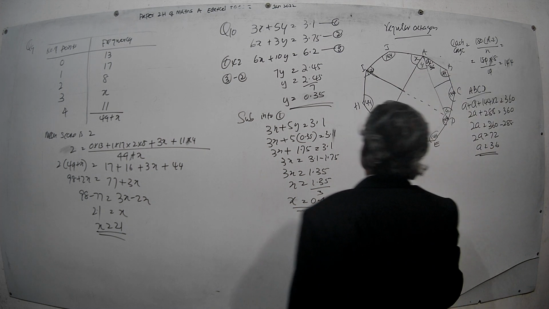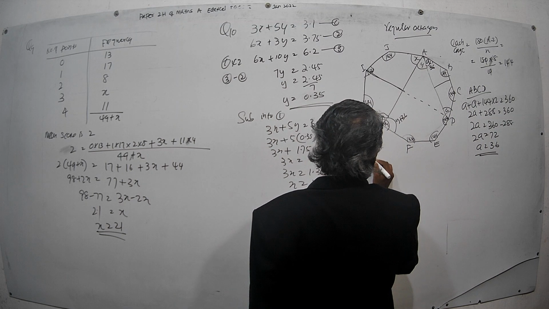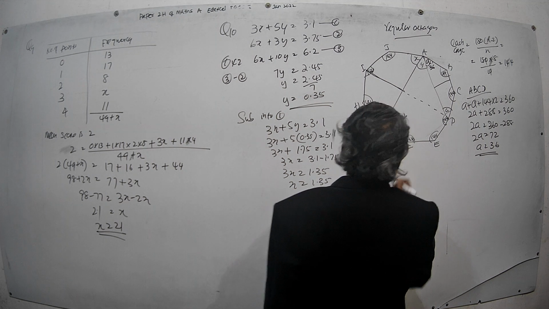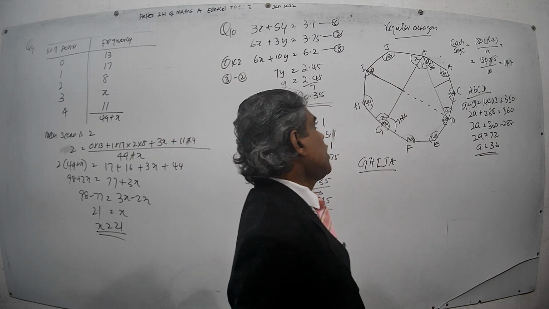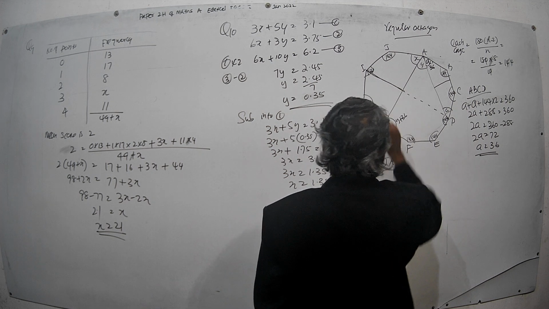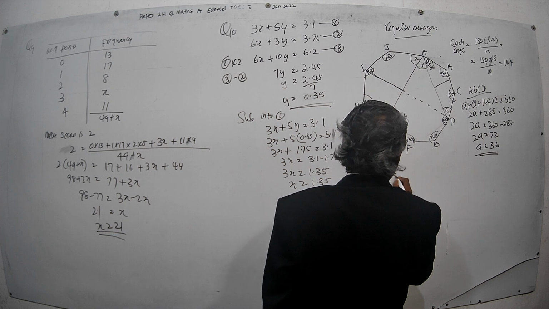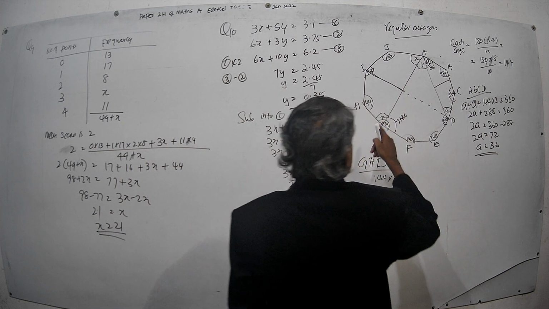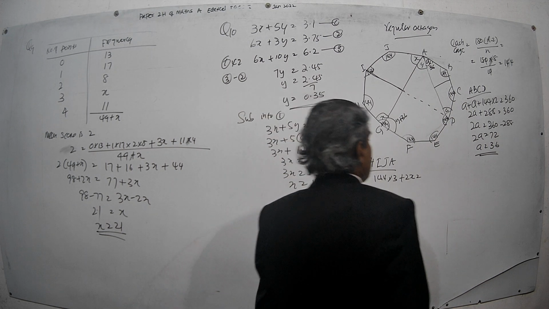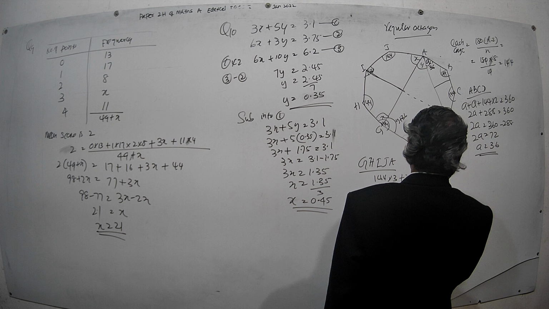For the first part, G, H, I, J, A, this is a pentagon. Therefore, the sum of interior angles of a pentagon: 144 three times, plus 2x, since we don't know x here, equals 180 times (5 minus 2), that is 540.